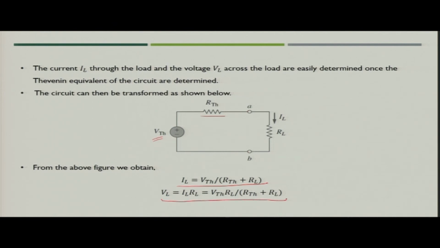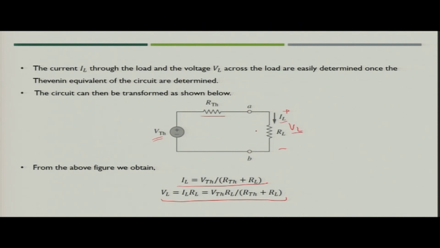Now, the voltage across the load, VL in this case, would be IL into RL, and you will simply get VL as VTH into RL divided by RTH plus RL. So, when you get the values of RTH and VTH, you can easily find the variables across the load, that is voltage and current.